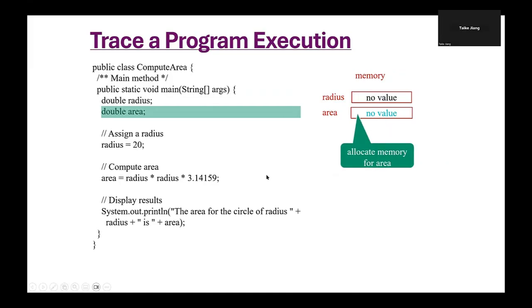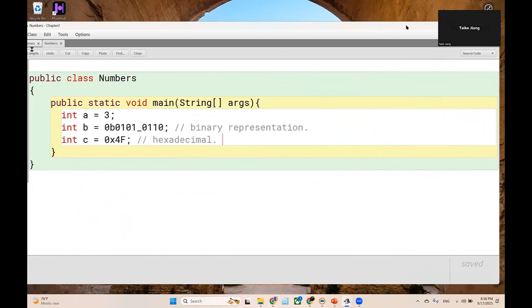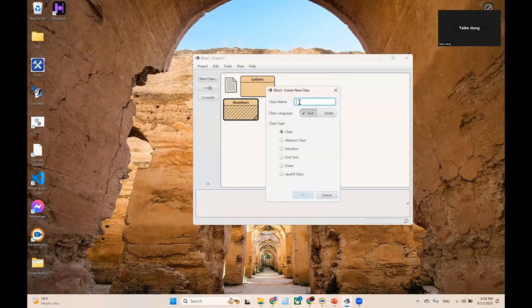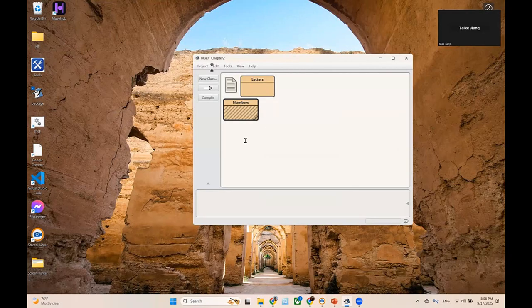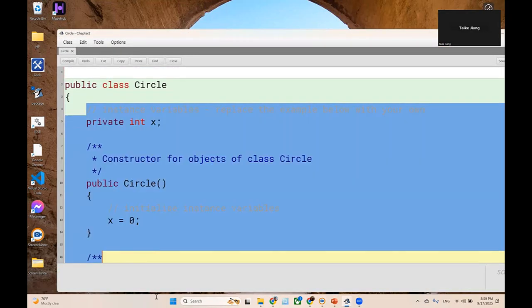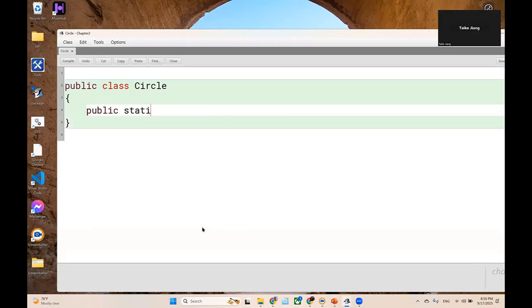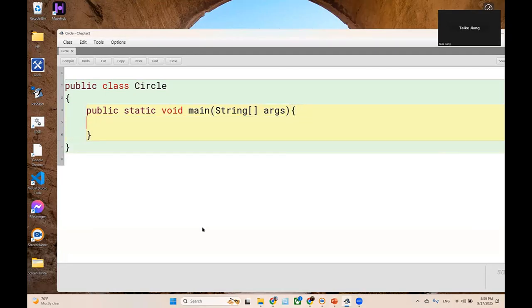Okay, let's write a program. You declare your double radius.